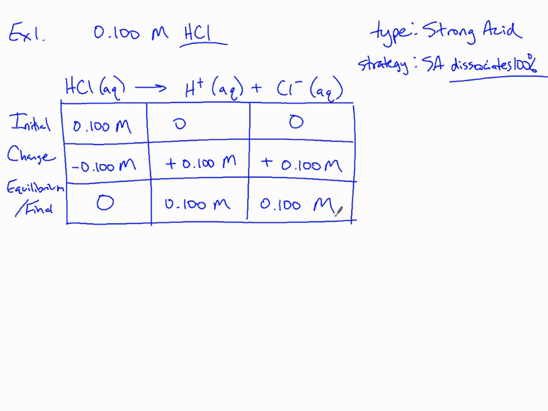So find the concentration of all of the species. So we want to know concentration of HCl. We want to know concentration of hydrogen ions. We want to know the concentration of chloride ions.